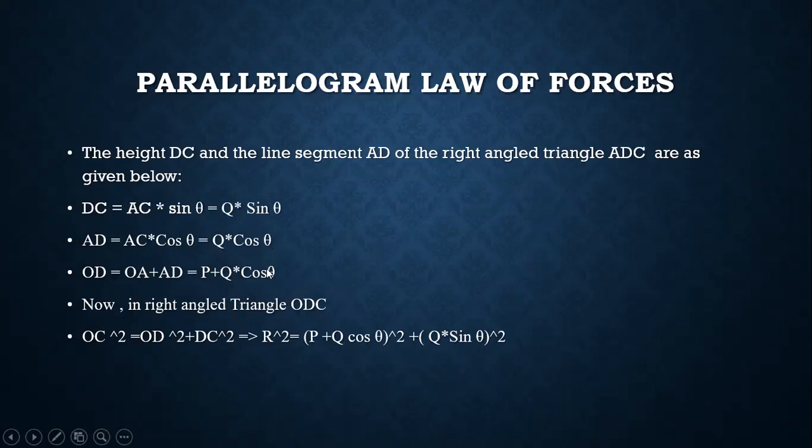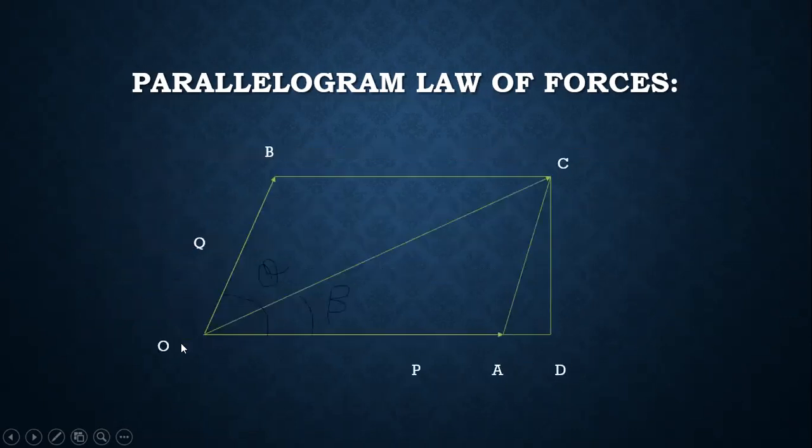So in place of AD, you apply Q into cos theta. Now OD is P plus Q cos theta. Now take the right angle triangle ODC from the figure.